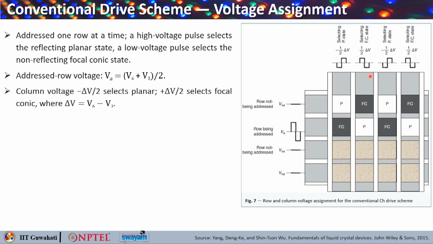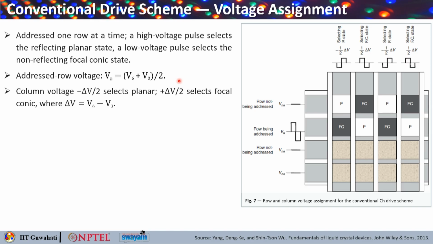The addressed row voltage is VA, that is V6 plus V3 by 2, such that the column voltage can shift the final pixel voltage toward either switching condition.